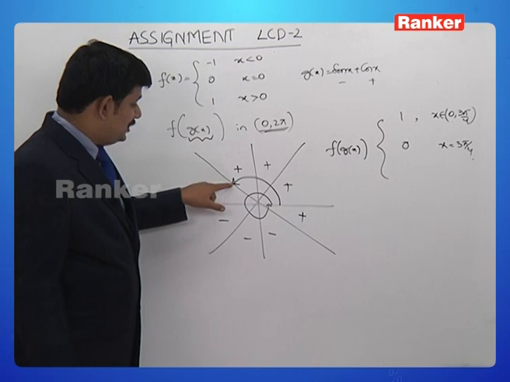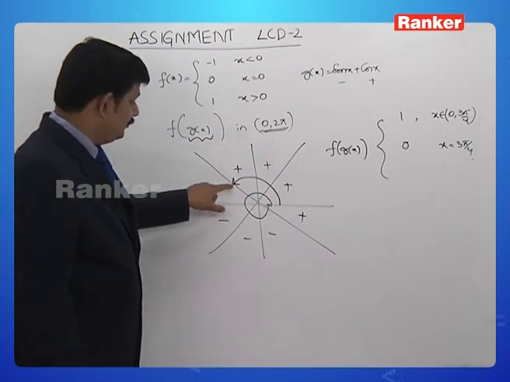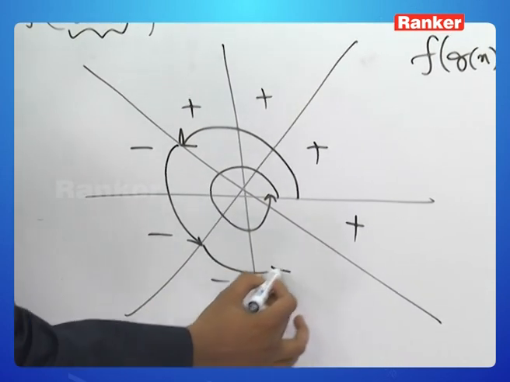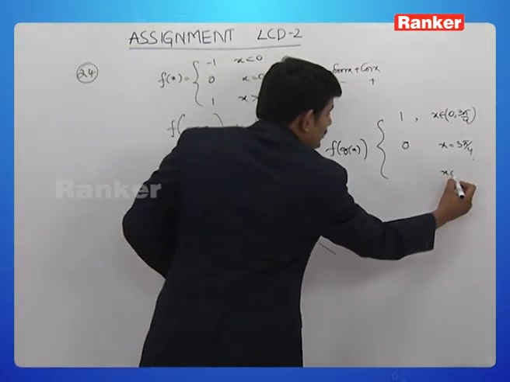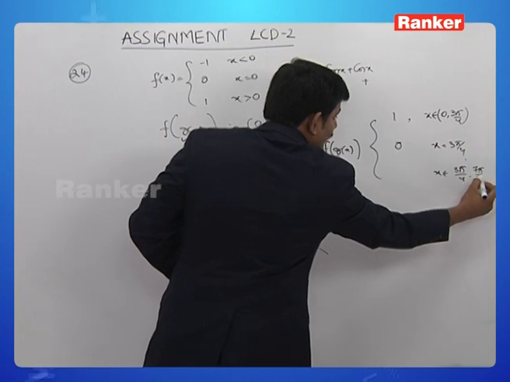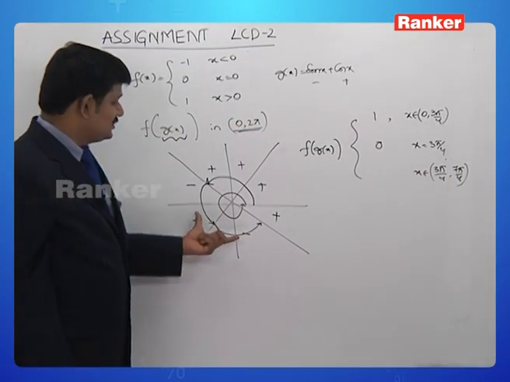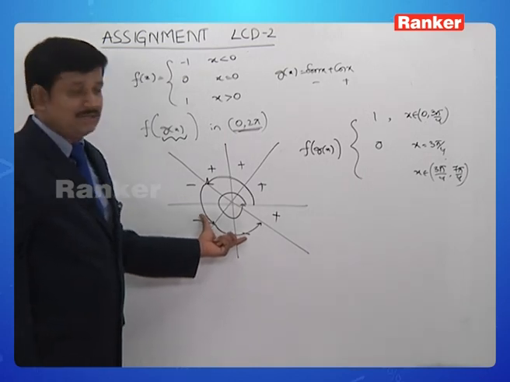Now, from x equal to 3 pi by 4 to 7 pi by 4, sin x plus cos x is negative.